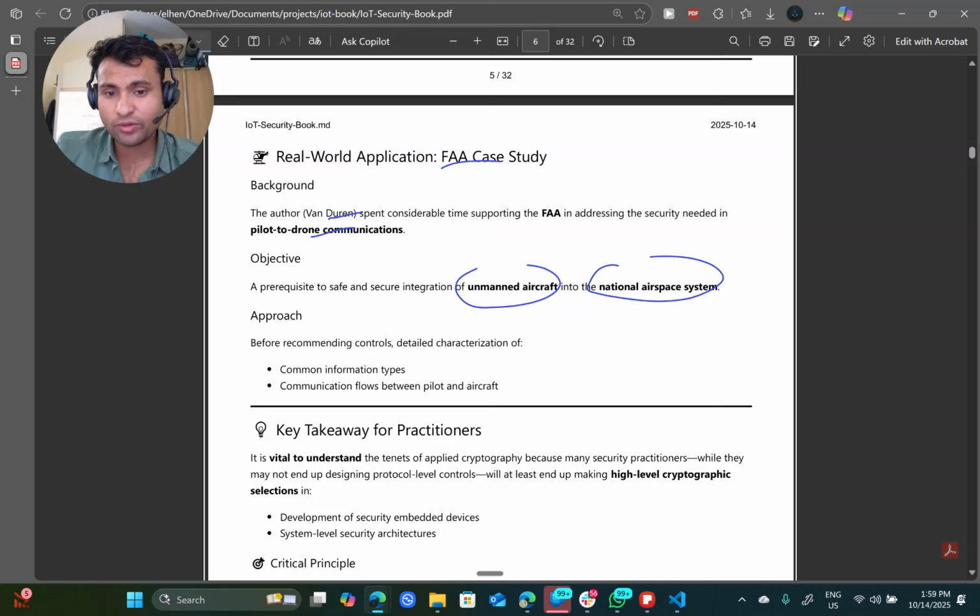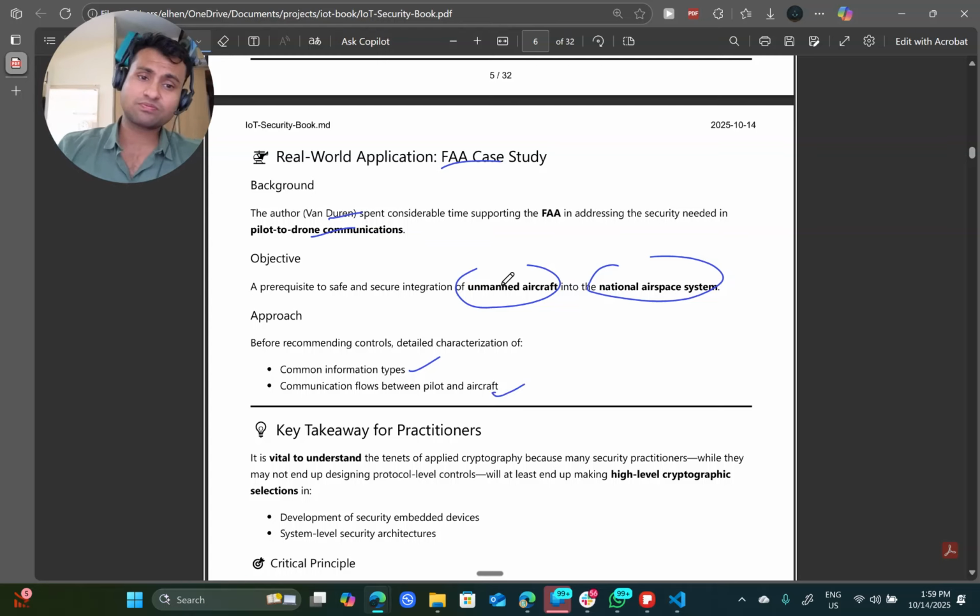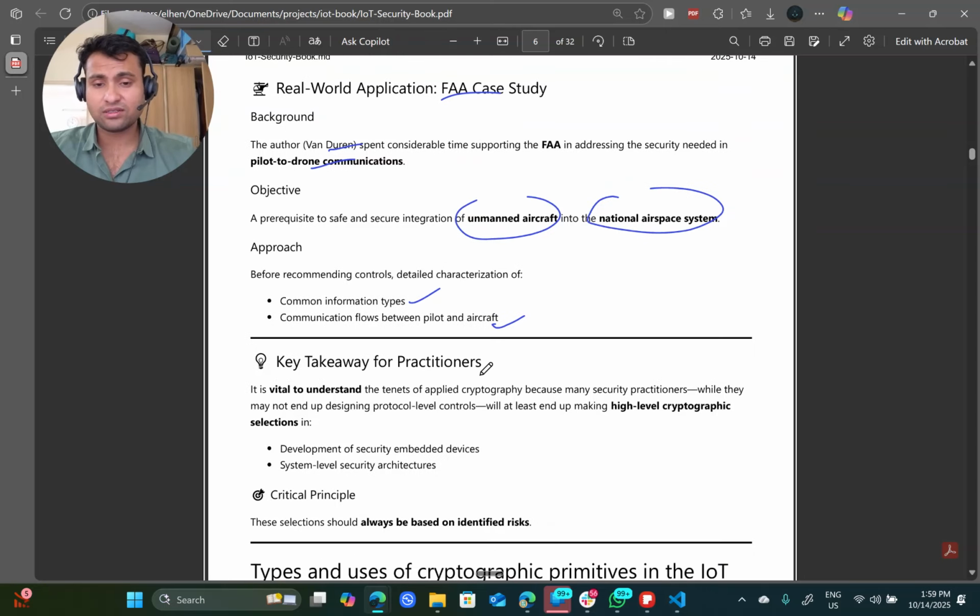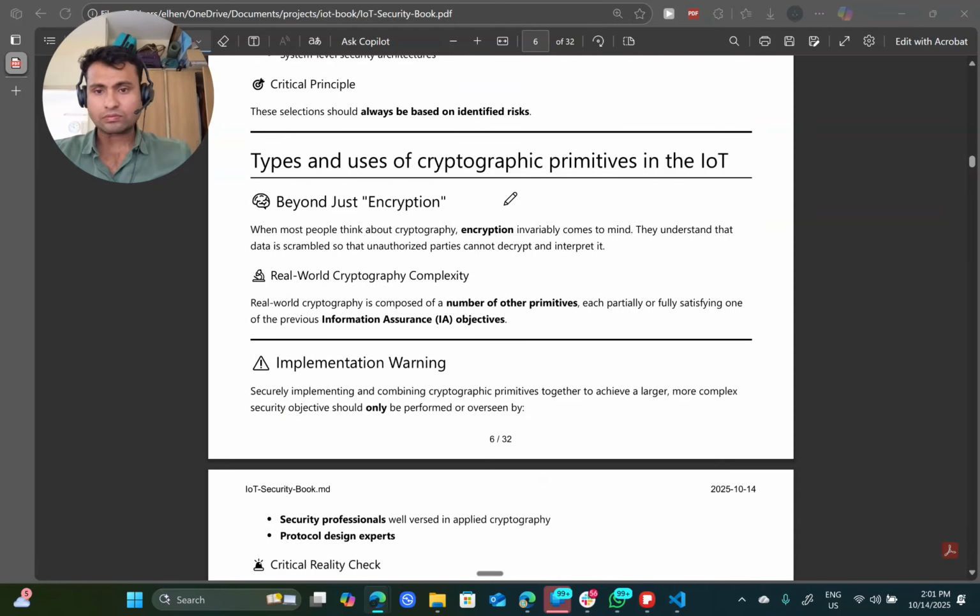He approached this through a detailed characterization of common information types which have to flow, and the communication flows between the pilot and the aircraft. What any UAV should support is a very lightweight authentication protocol. And when we go lightweight, it does not mean that we compromise the security aspects. It is like trying to find an optimal algorithm which gives the best of both places.